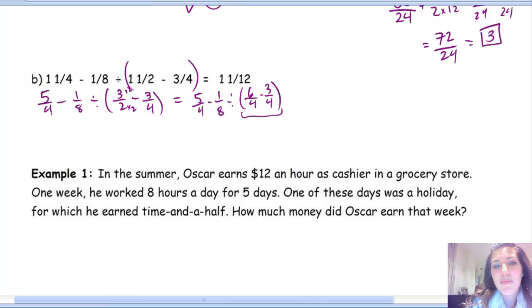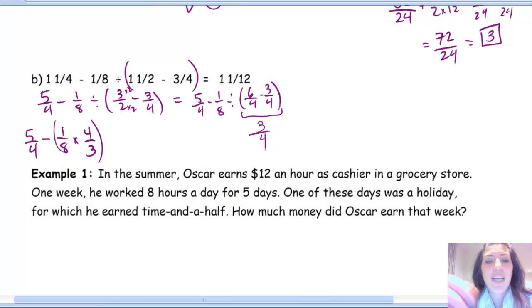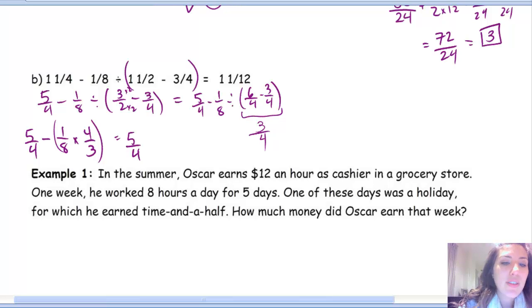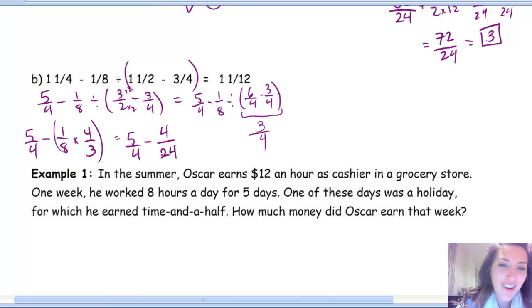This is the same as 6 minus 3 is 3. Keep the denominators the same. So 5 over 4 minus 1/8 divided by 3/4 is the same as saying 1/8 times 4 over 3. So we're going to focus on that part next because we multiply next. So 1 times 4 is 4. 8 times 3 is 24.